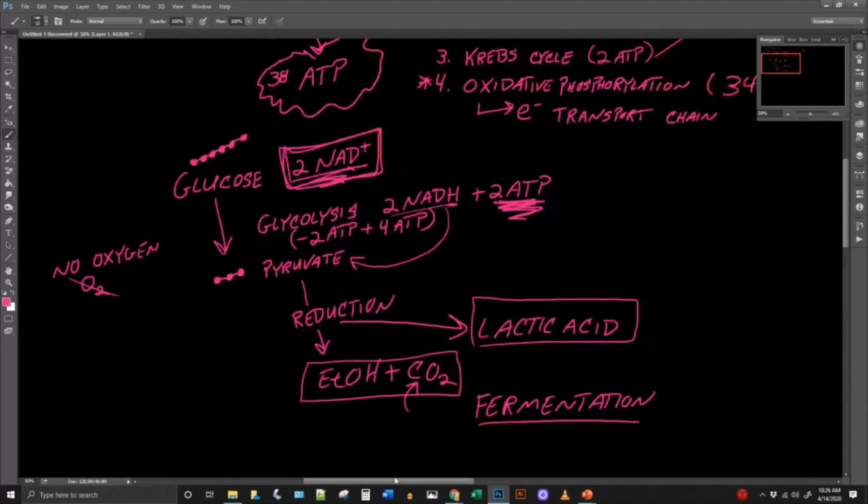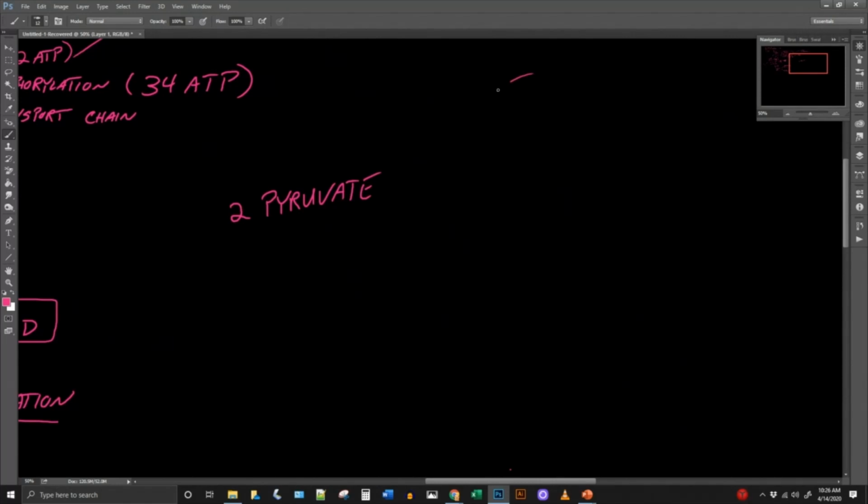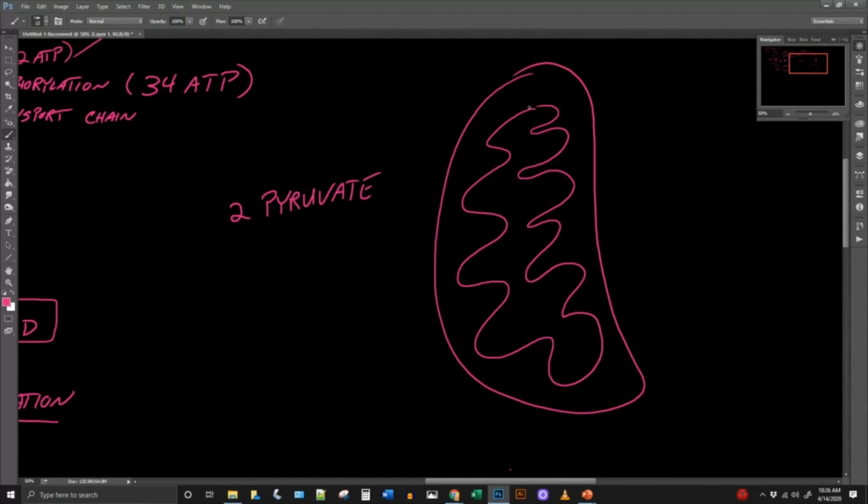Okay. Now let's say that we move past glycolysis. So we got 2 pyruvate. Glycolysis happens out in the cytoplasm of the cell, outside of the mitochondrion. The mitochondrion is going to take responsibility for all of the aerobic respiration processes in the cell.